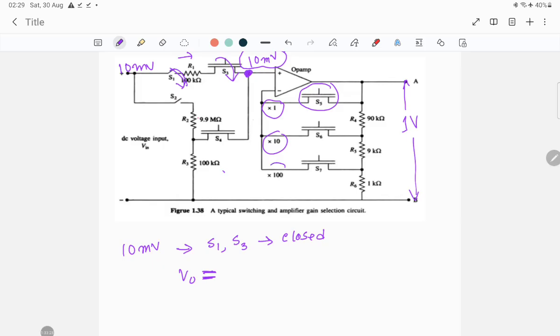So you have to create a gain factor of 100. To create the 100 gain factor, S7 will be shorted. When S7 is shorted, S3, S5 and S6 will be kept open.